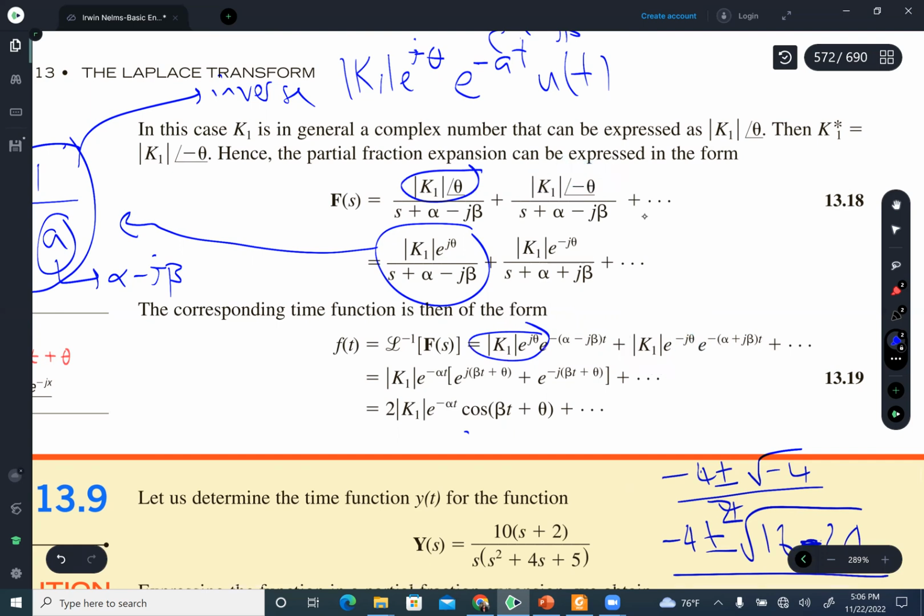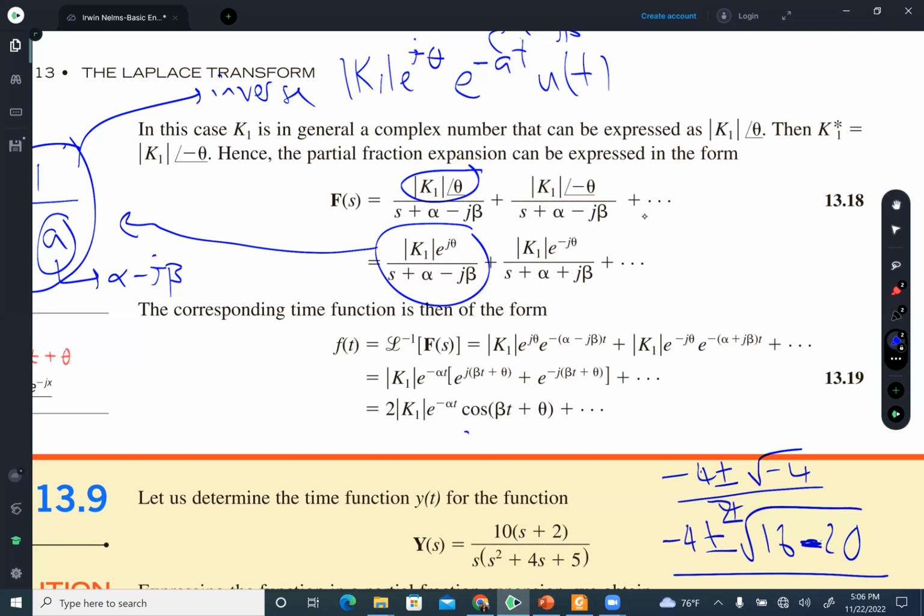And as far as the exponent, instead of having e to the minus at, you're going to have e to the minus the conjugate of a times t, right? So instead of having alpha minus j beta, you're going to get alpha plus j beta, okay? It looks like a mess, but the beauty of this is that we can separate the real and the imaginary.